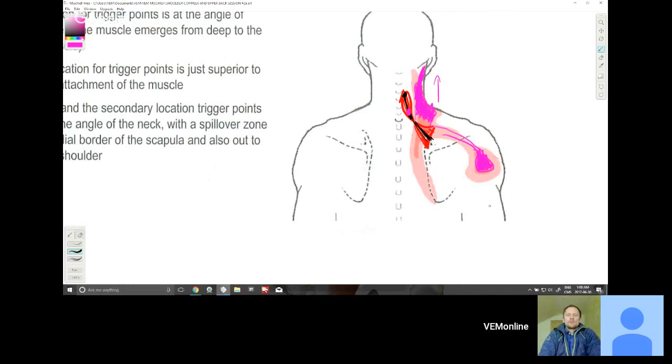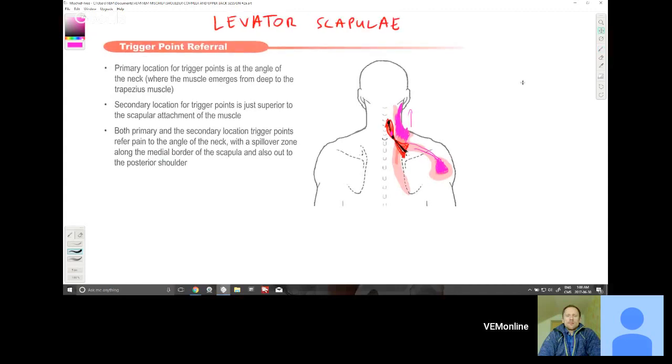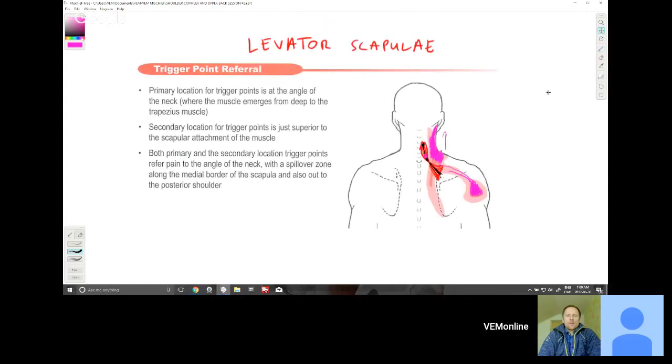There are some other muscles in the region with similar trigger point pain referrals, but this is the most typical one. It is very typical for levator scapulae to develop a trigger point, because those fibers do that 180-degree twist, right?